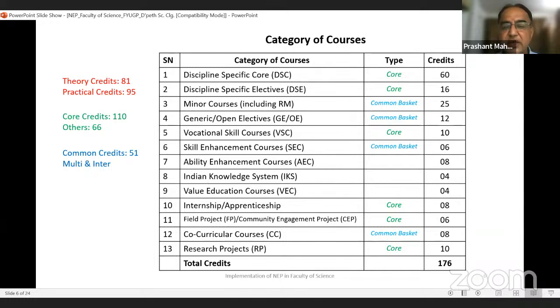So this is the inference which we can draw from this table. And this table, being very, very important, gives you a lot of information, a lot of inferences.